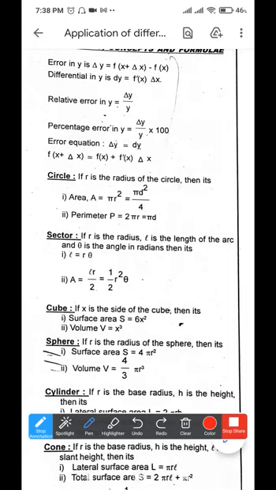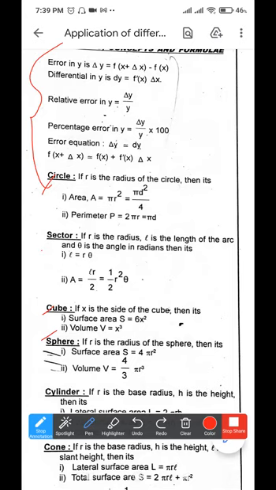Now sector: if r is the radius, L is the length of the arc, and theta is the angle in radians, then L is equal to r theta and A is equal to half L r, or half r square theta. These are the basic formulas that you have learned in the previous classes.